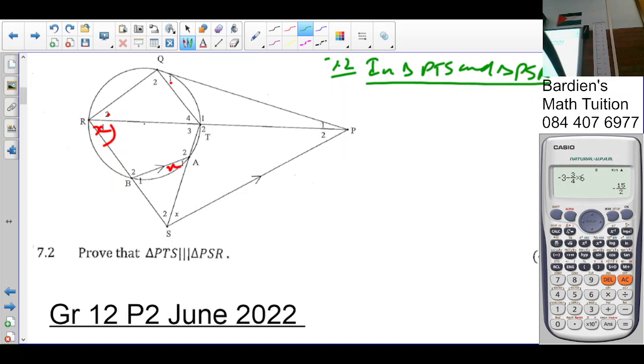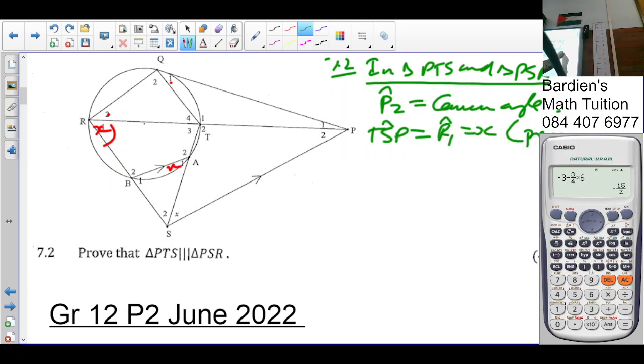So what do we say? In triangle PTS and triangle PSR, we can say that angle P2, of course, is your common angle. Sorry about that, one of the cross alarms has been off. Then angle TSP is equal to angle R1, which is equal to x. Where did we get that? That was proven.